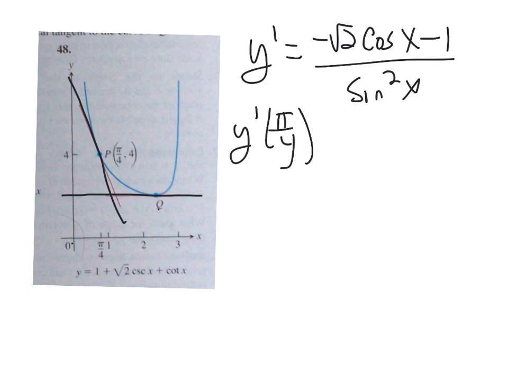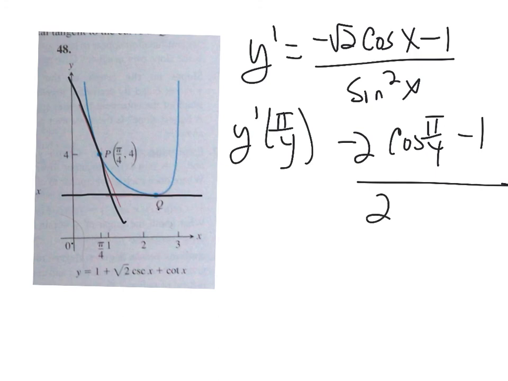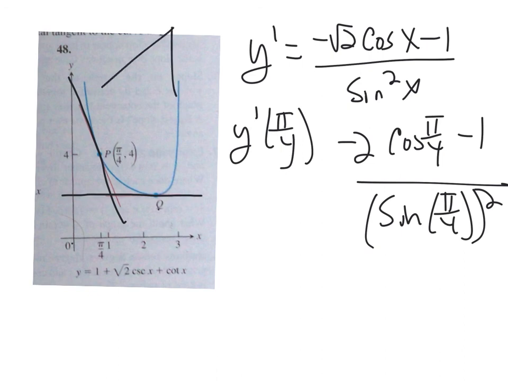So negative 2 times the cosine of pi over 4 minus 1 over the sine of pi over 4 squared. Let's see. So the cosine of pi over 4 is root 2 over 2, right? Remember our 45-45 right triangle work, right?